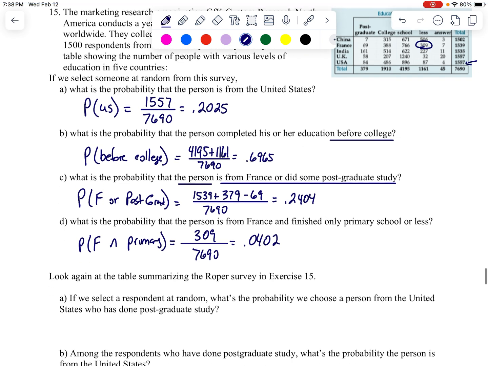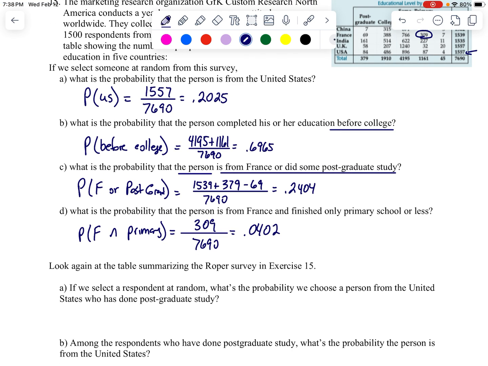Okay, so the next part of these also use the same chart, except more than likely we're going to have a condition. So as we read through this, if we select a person at random, what's the probability we chose a person from the United States who has done postgraduate work? Okay, so it's United States and postgraduate work.